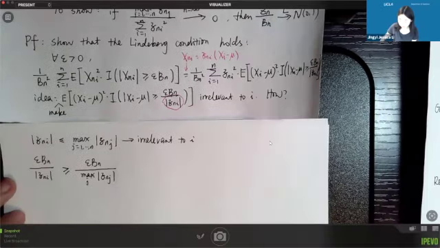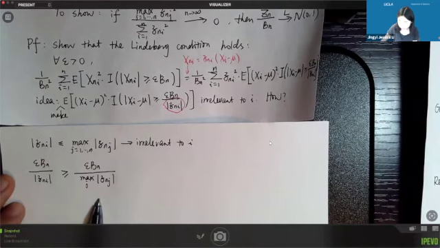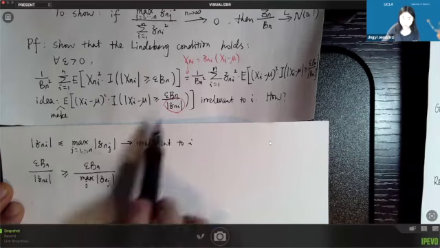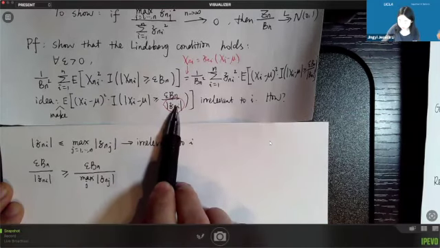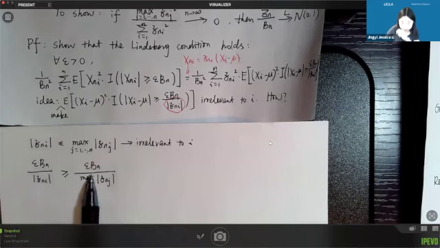So as a result, with this and with this, by the indicator function, as long as the indicator function is taking value 1, then the indicator function using this must take value 1. So what I mean is this. Let me write this down and that will be clearer.